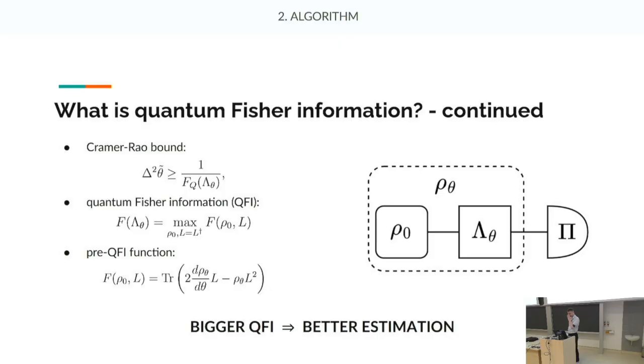Why do you call it pre-QFI? Because fundamentally, quantum Fisher is classical Fisher optimized over stuff, right? Yes. But there's also the definition of quantum Fisher with the symmetric logarithmic derivative. Yes. So for optimal values of rho 0 and L, this L would become the SLD.